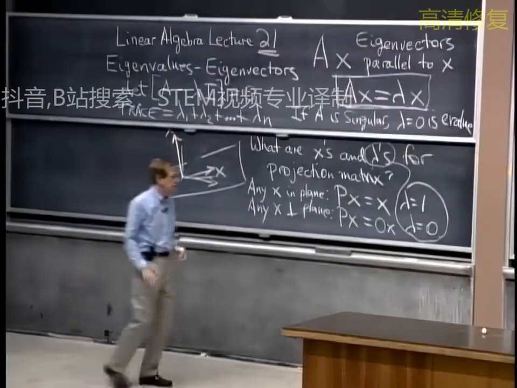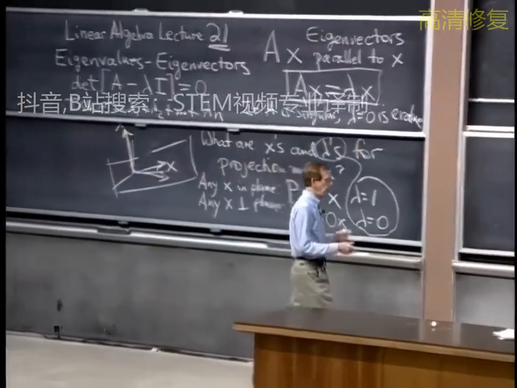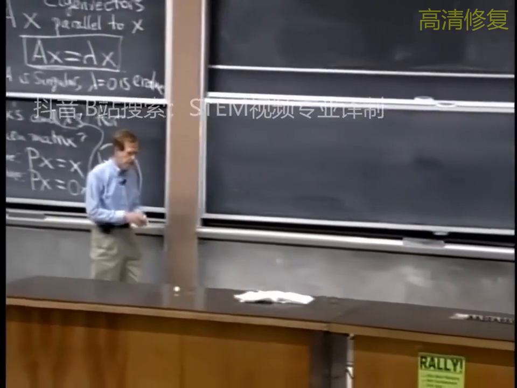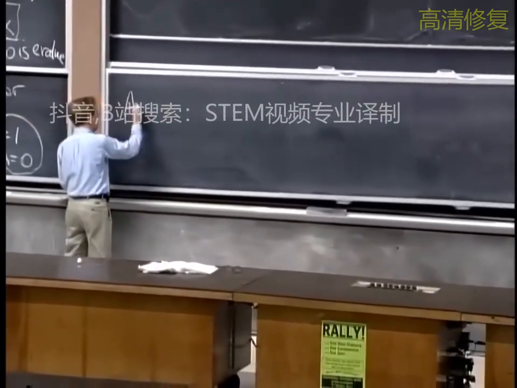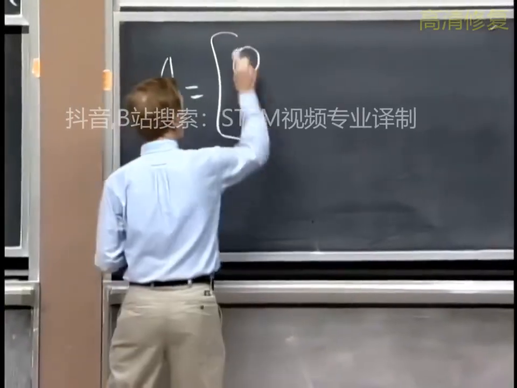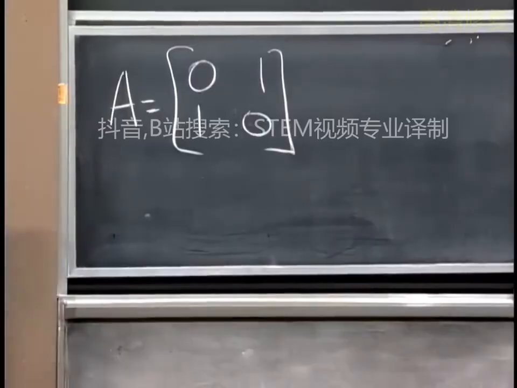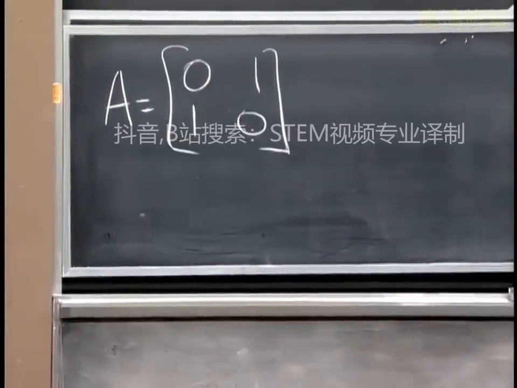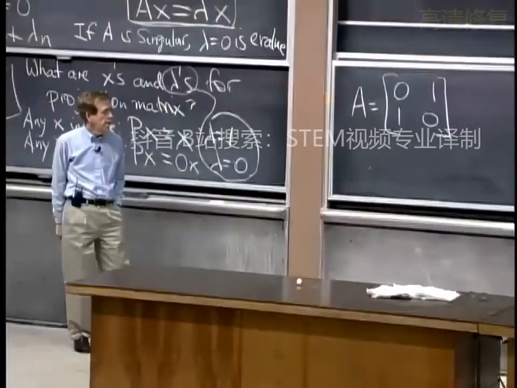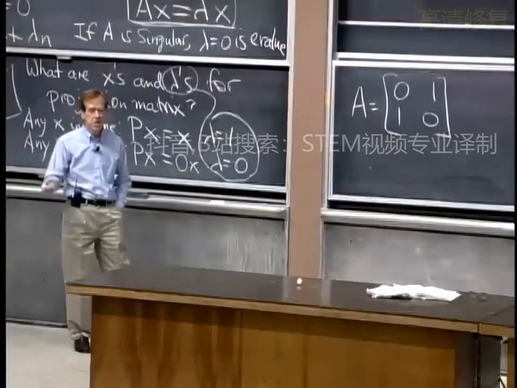Let me take a second example. How about a permutation matrix? I'll call it A now: 0, 1, 1, 0. Can you tell me a vector x? We'll have a system soon enough.